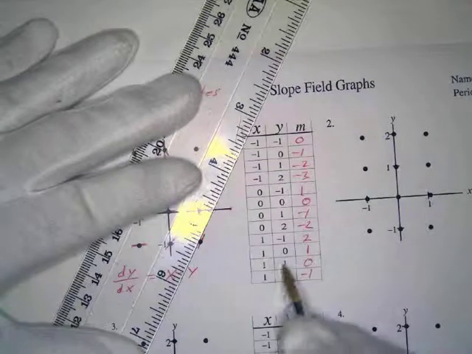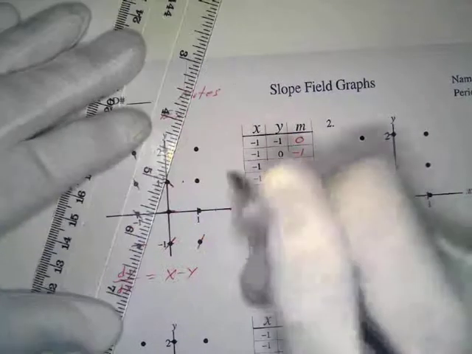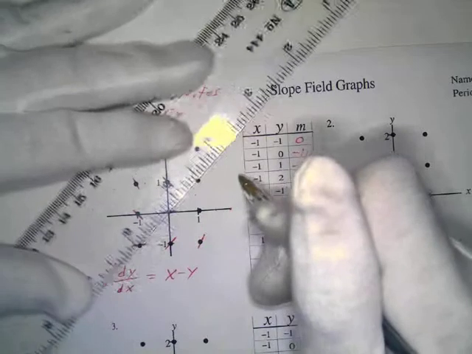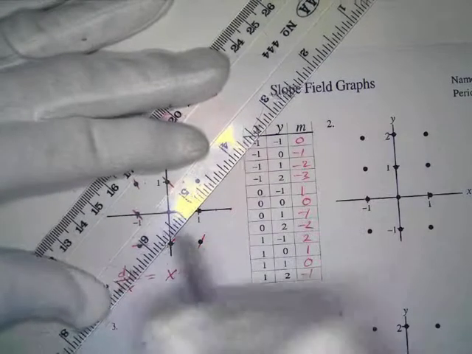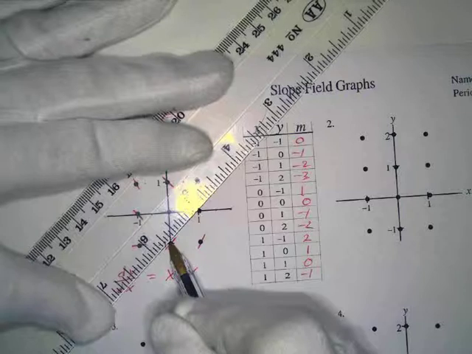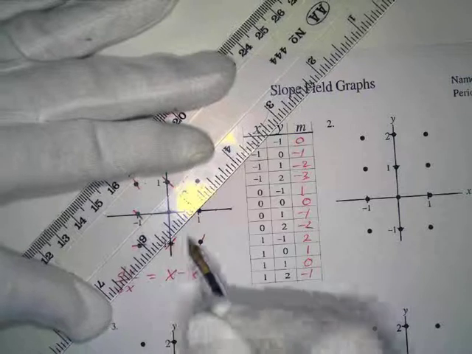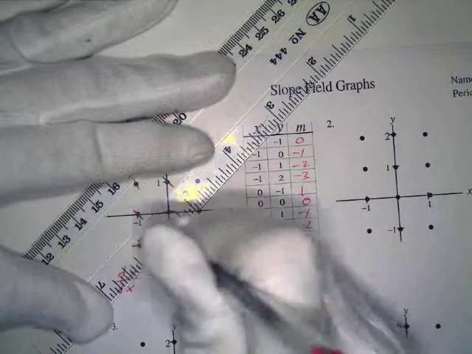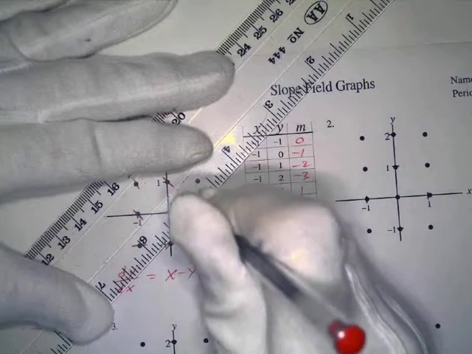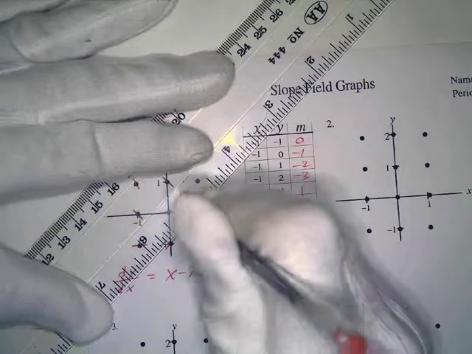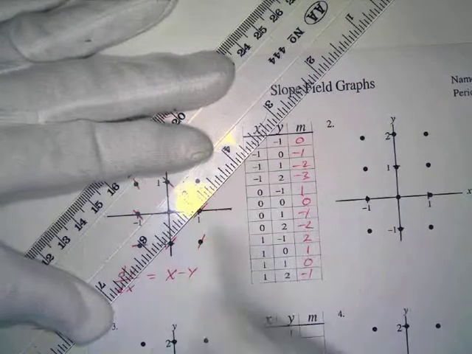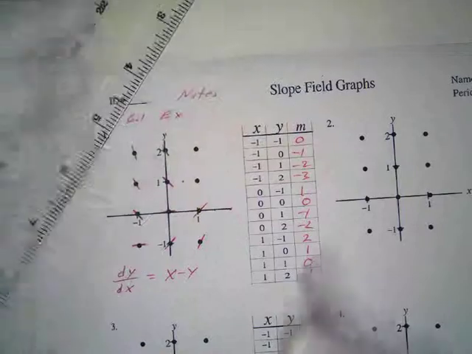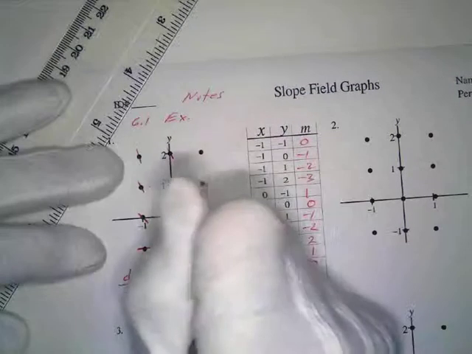And at 1, 0, the slope is 1. So it has to be parallel to that. So I can use these 2 points here. There we go. And make that slope of 1. So these would also have a slope of 1 there. And you can see how this is steeper than this. And then add 1, 1 at 0. Well, that's my favorite one.